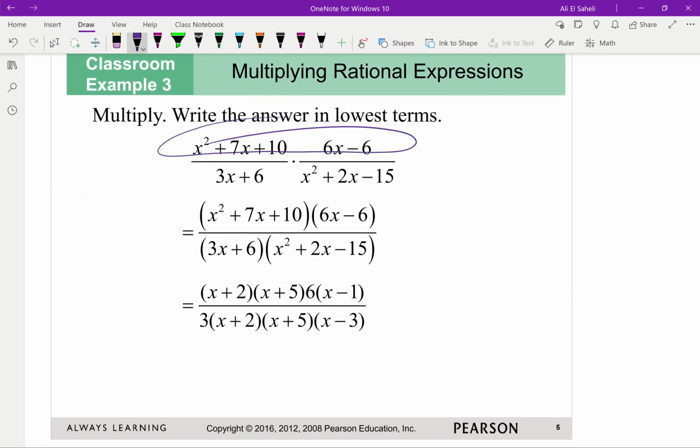Alright. Multiply numerators. So we have numerators multiplied, and multiply denominators, and this is what we have. Now, we factorize x squared plus 7x plus 10. Two numbers, their product is 10 and their sum is 7. 2 and 5.